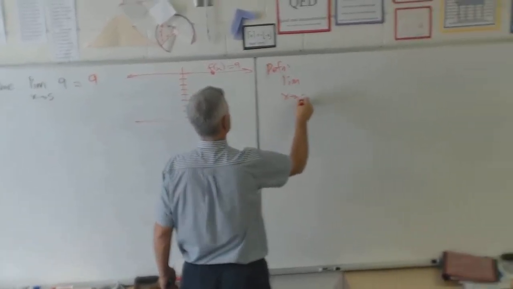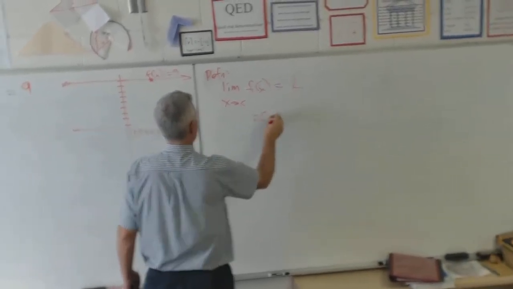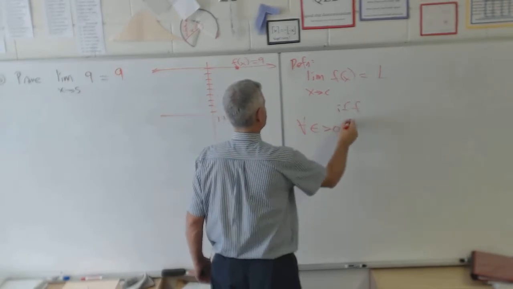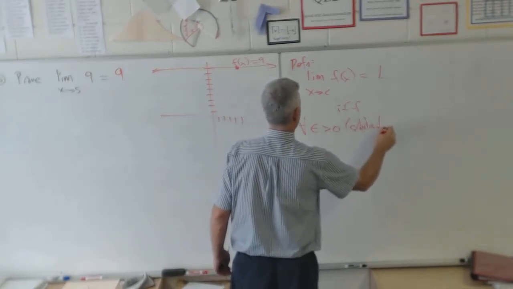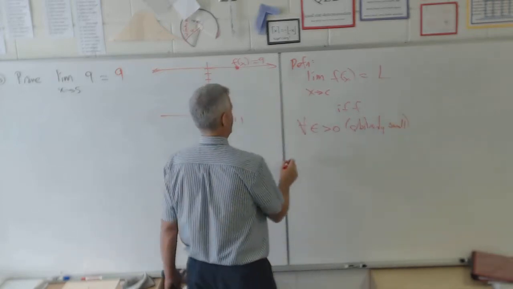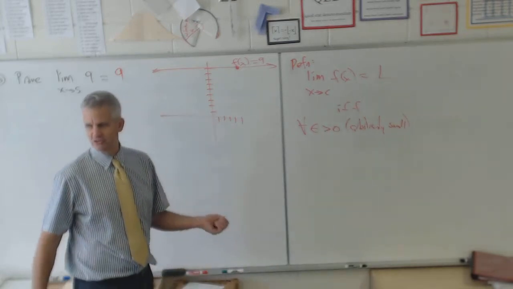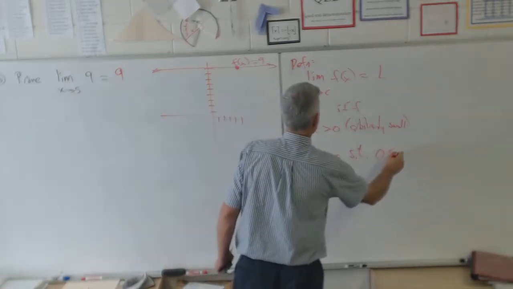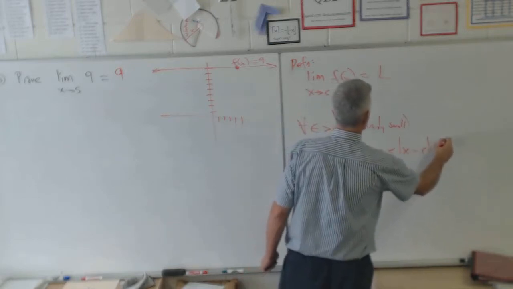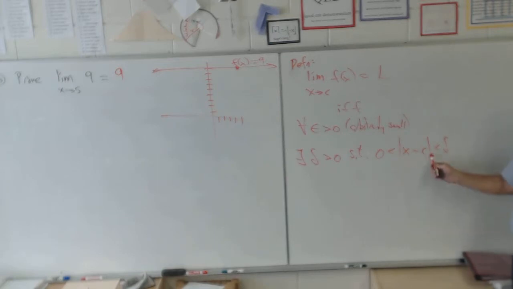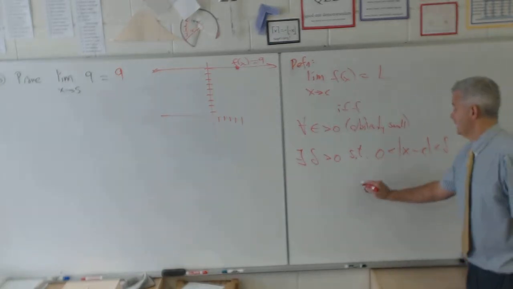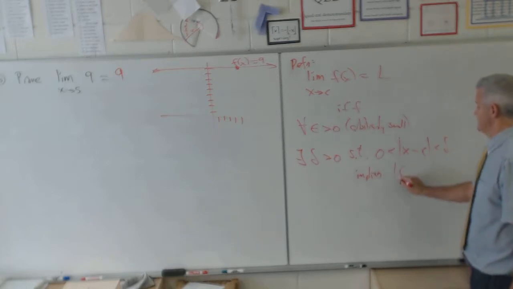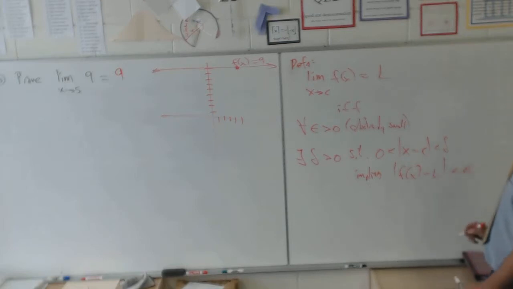The limit as x approaches c of f of x is the number L if and only if for all epsilon greater than 0, arbitrarily small, for every single possible epsilon someone picks, no matter how small, there exists a delta greater than 0 such that if the distance from x to c is less than delta, and x is not at c, then the distance between f of x and L is less than the epsilon they gave us. Okay? That's how we define the limit.